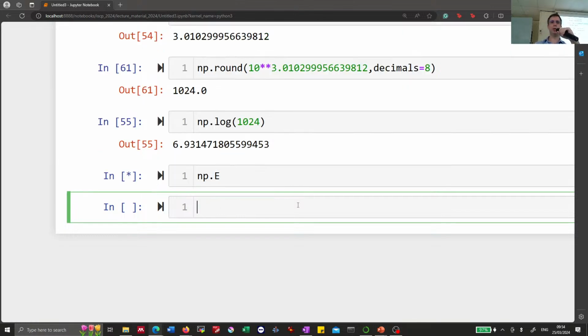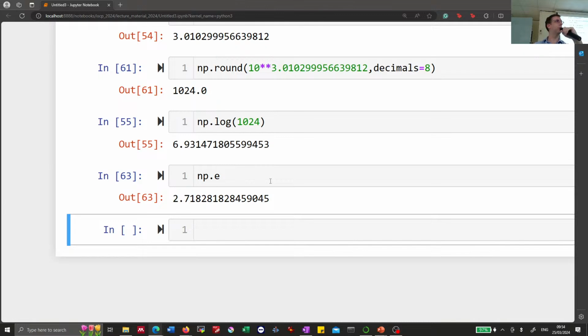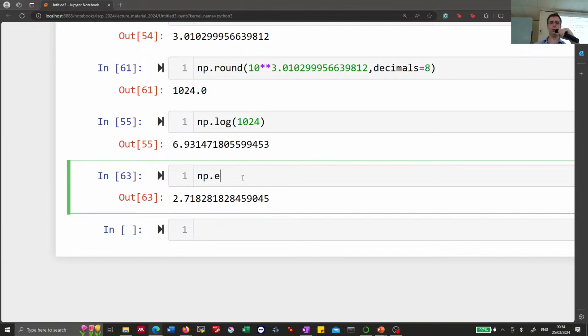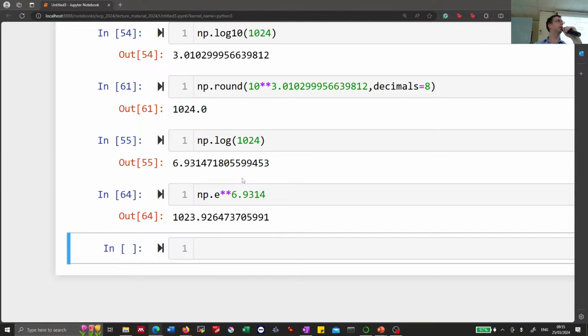It's small e. 2.71, the Euler number, right? 2.71828 to the power of 6.9314 is almost 1024, right?